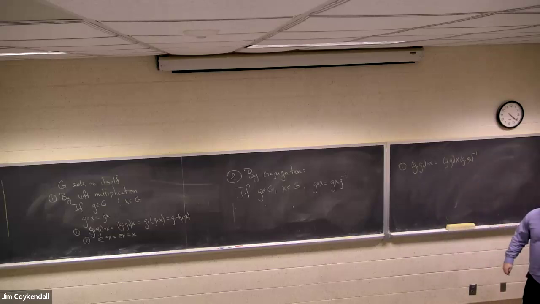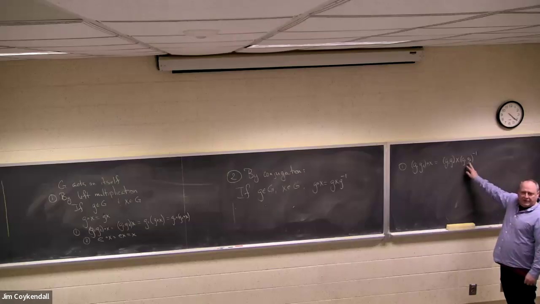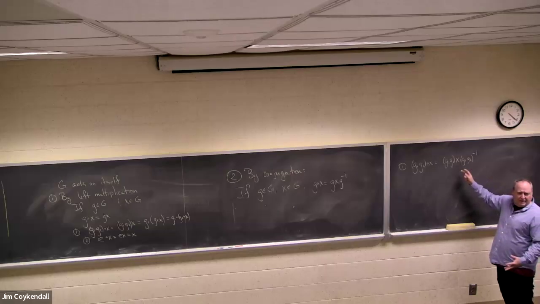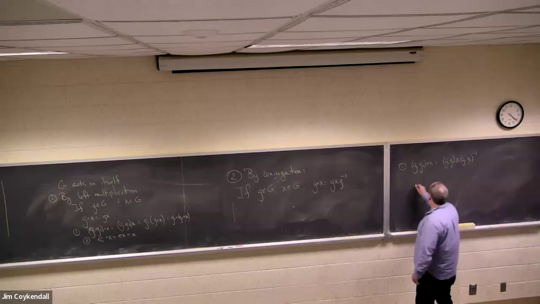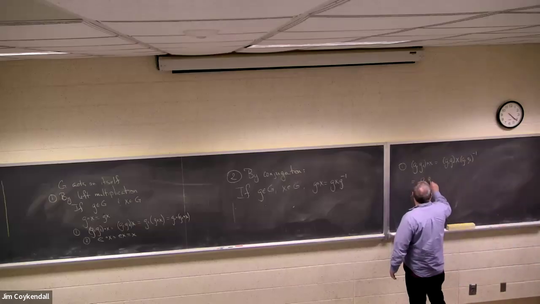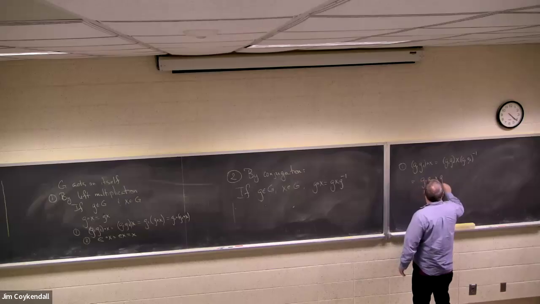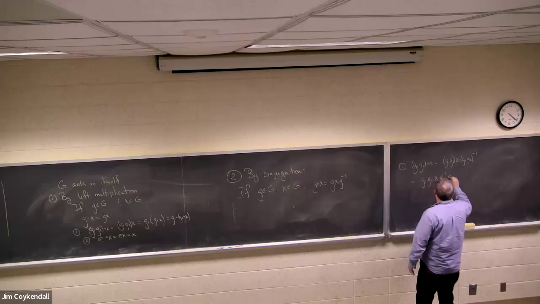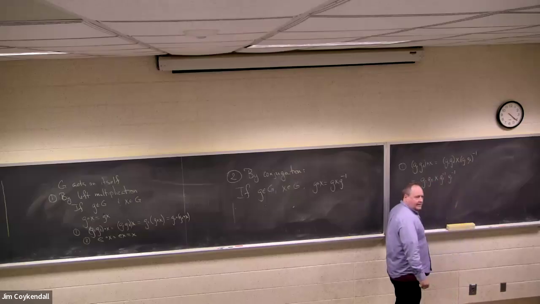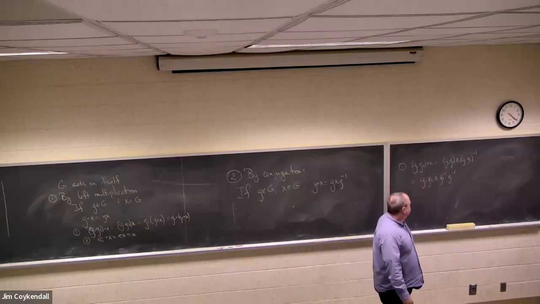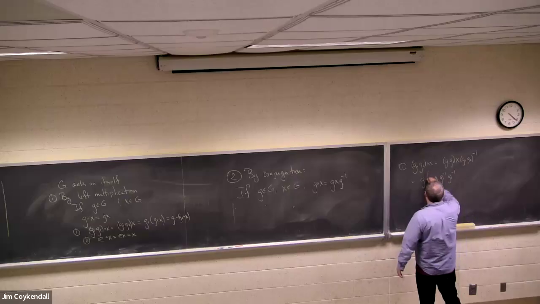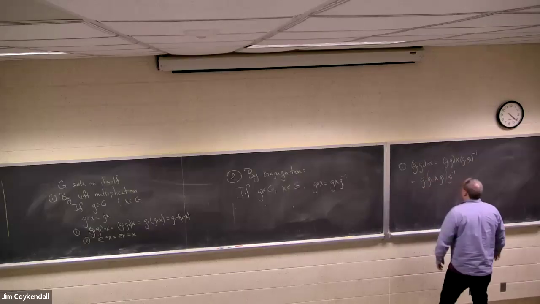That's what the rule says. Now I can massage this a little bit, because I can use the inverse to turn that around. So this is g1 g2 x g2 inverse g1 inverse. Agree with that? Now let's isolate this bit here.